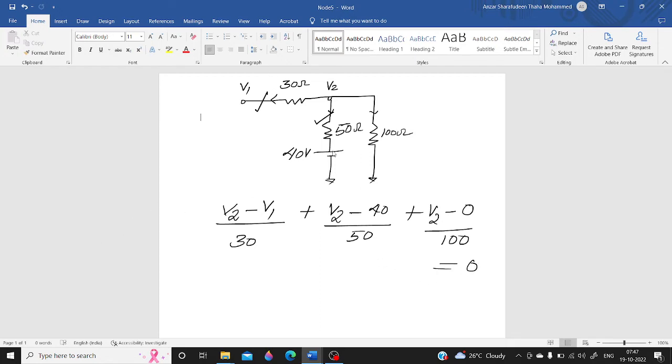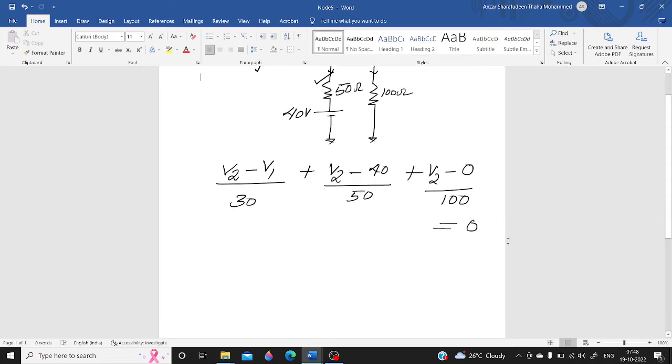Okay, all the currents are outgoing and there is no incoming current. So the algebraic sum of all the currents is equal to 0. Now your job is to represent this in terms of V1 and V2. First of all, I am taking V1: minus 1 by 30 into V1.